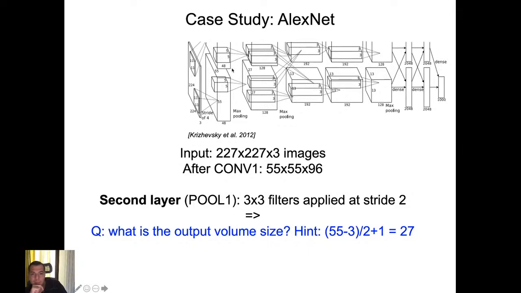And for the max pooling layer, they use 3x3 filters and apply them at a stride of 2. So the stride is 2, which is not equal to the size of the filters.